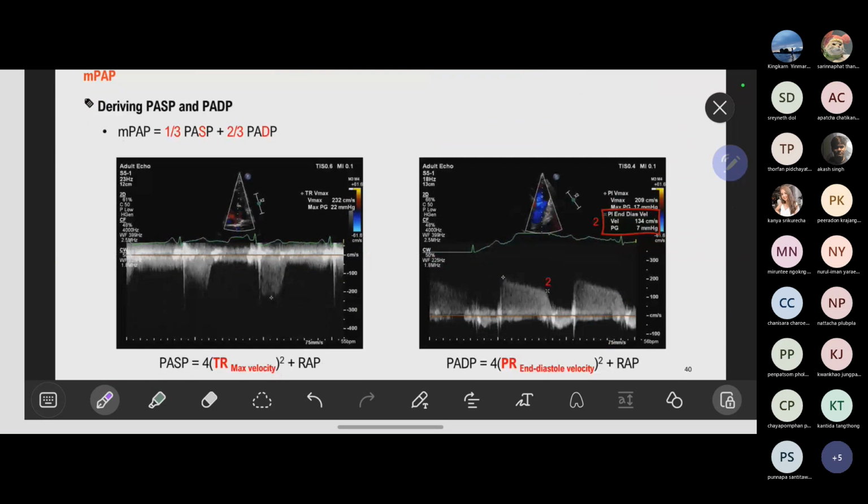Next is the method called the standard method to assess mean pulmonary artery pressure, and this method depends on PASP estimation and PADP estimation. So this method has a high error rate when compared with right heart catheterization because it takes 2 times of RAP.